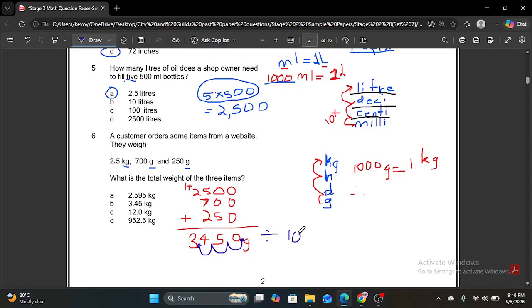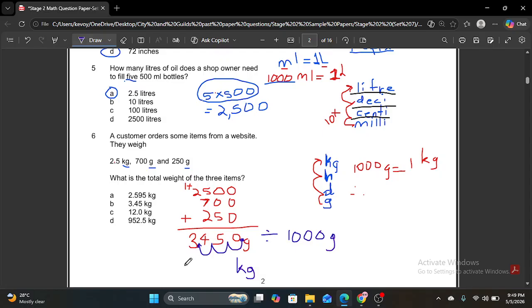Because 1,000 grams is equal to 1 kilogram, and we want to convert our answer back into kilograms. How many zeros are there? 1, 2, 3. So we move the decimal point back 3 times.